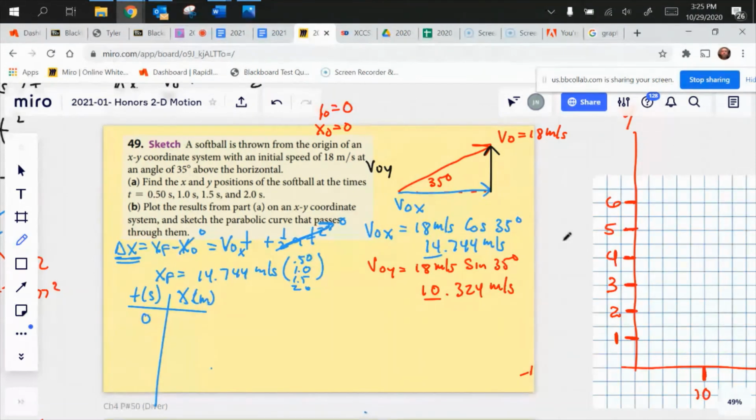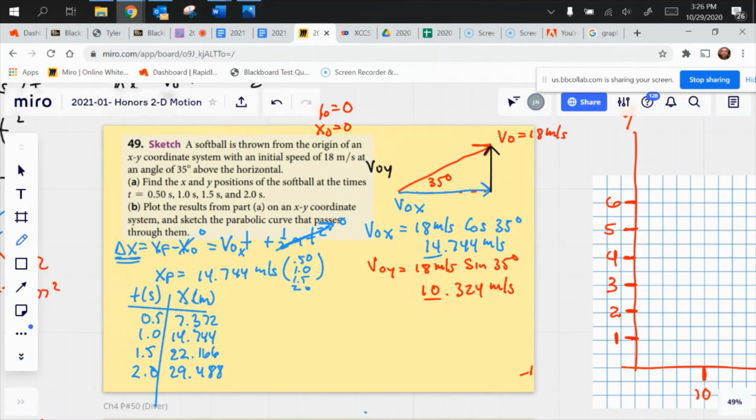So 0.5, 1.0, 1.5, 2.0, and that's going to give me 7.372 meters, 14.744 meters, 22.166 meters, and 29.488 meters. And where did I get those? Well, I just multiplied 14.744 by 0.5, by 1, by 1.5, and so forth.